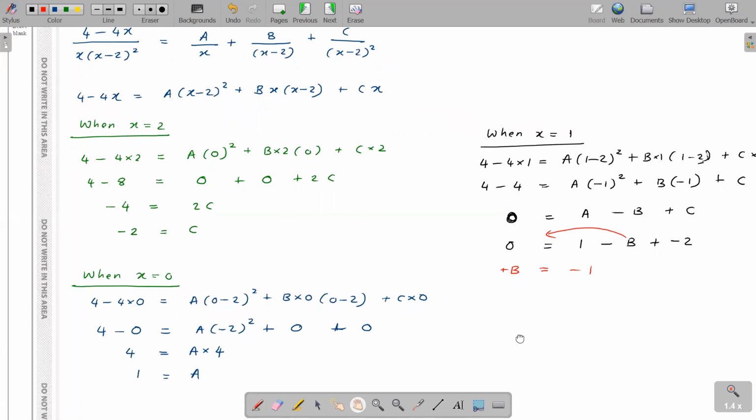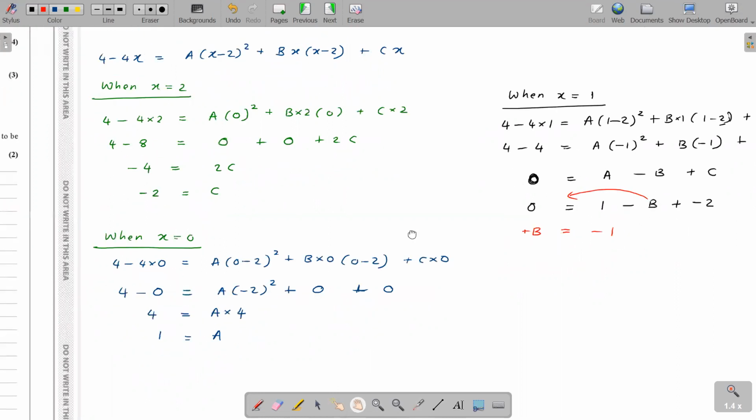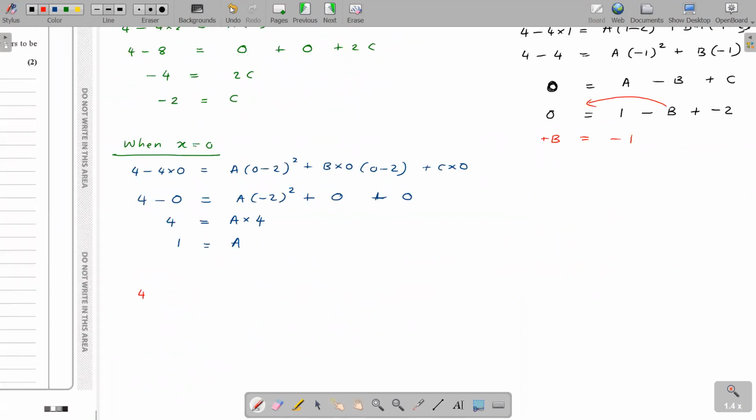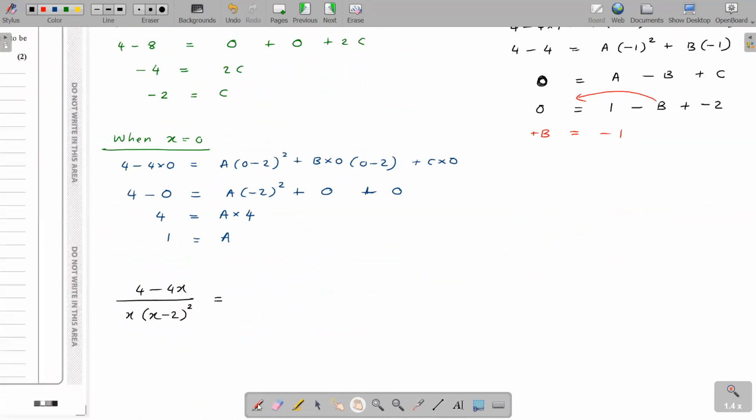Okay, so let's write the partial fractions. 4 minus 4x over x times x minus 2 square equals, replace the ABC values here. So replace it and tell me. 4 minus 4x over x times x minus 2 square equals 1 over x plus minus 1 over x minus 2 plus minus 2 over x minus 2 square.